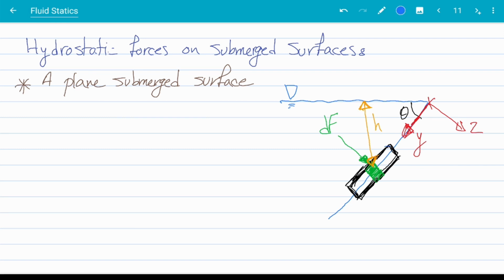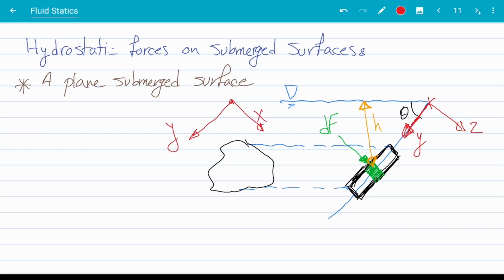Now, let's take a look at this plate from another angle. The area of the plate can be arbitrary. The shape of this plate can be arbitrary. As you can see, I drew a completely arbitrary shape as the shape of my plate. To give you a perspective, this is still the y-axis, and this is now the x-axis when looking at the plate like this.